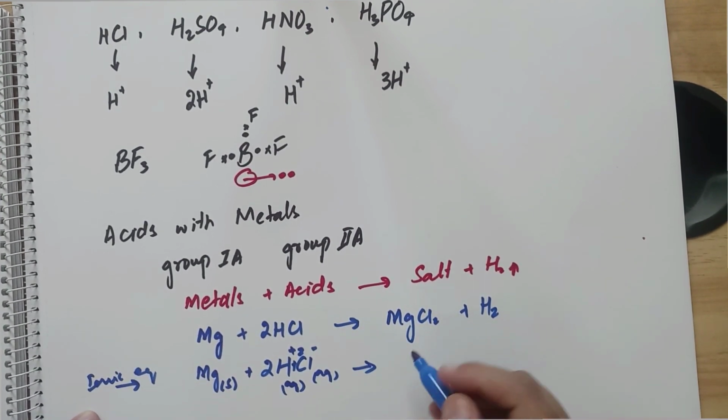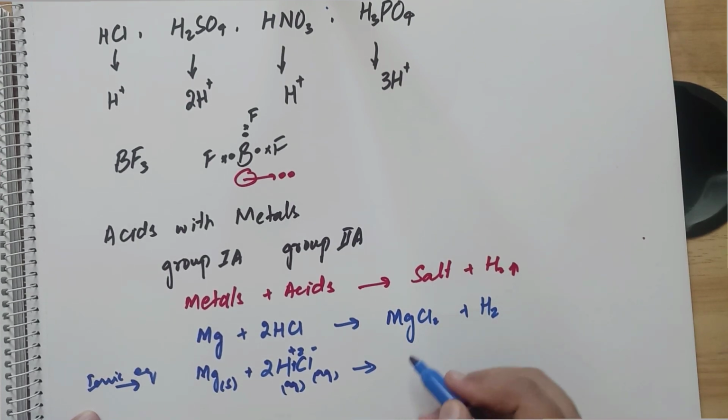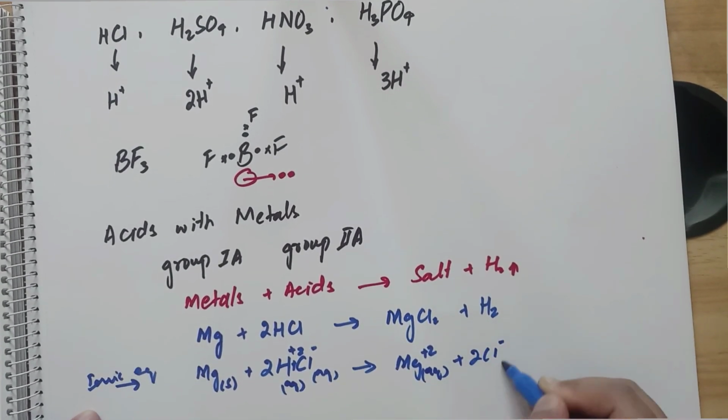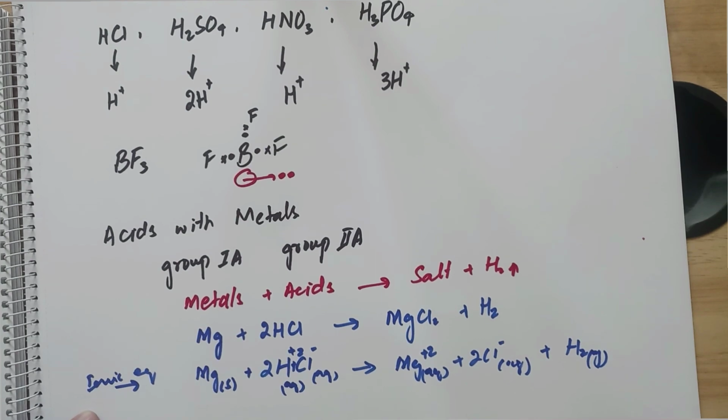Again, the salt is soluble in water, so it forms magnesium ion in aqueous solution, chloride ion aqueous, and as hydrogen is a gas, it will not ionize, it will remain in gas form. Is it clear? So cancel out the same ions on both sides.